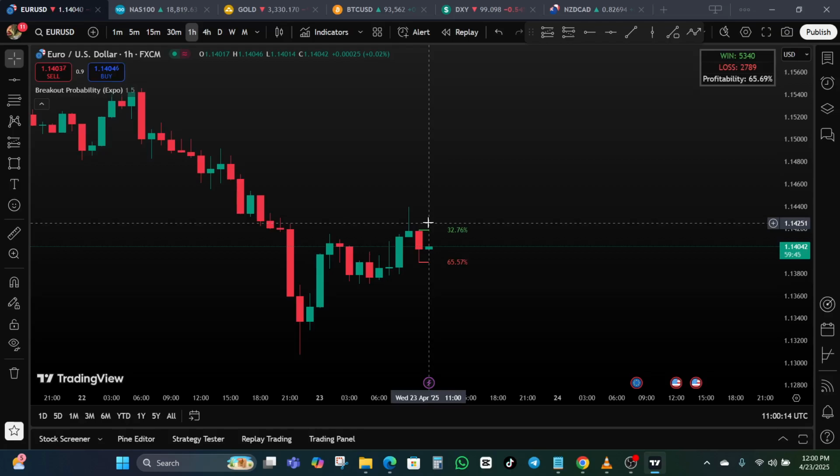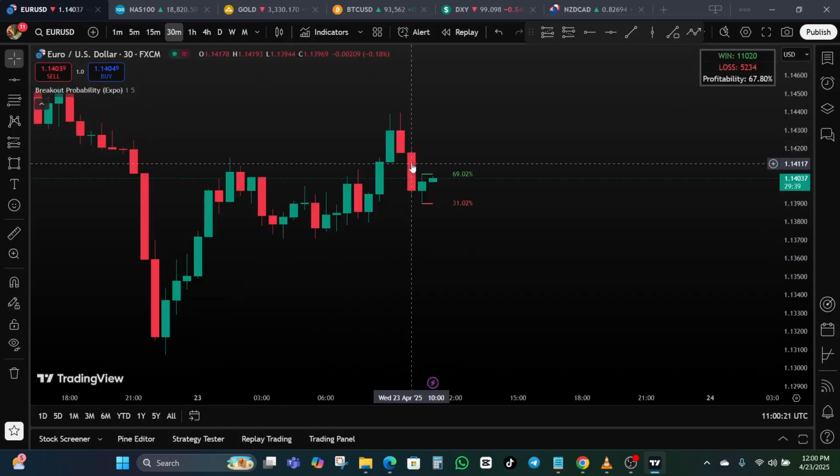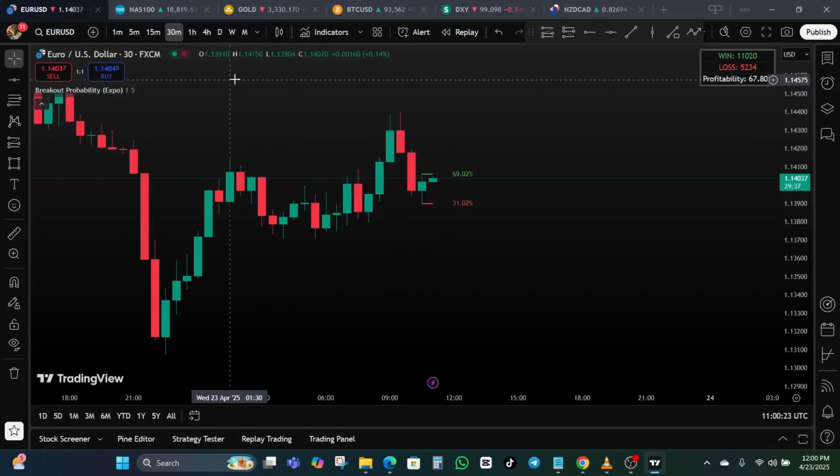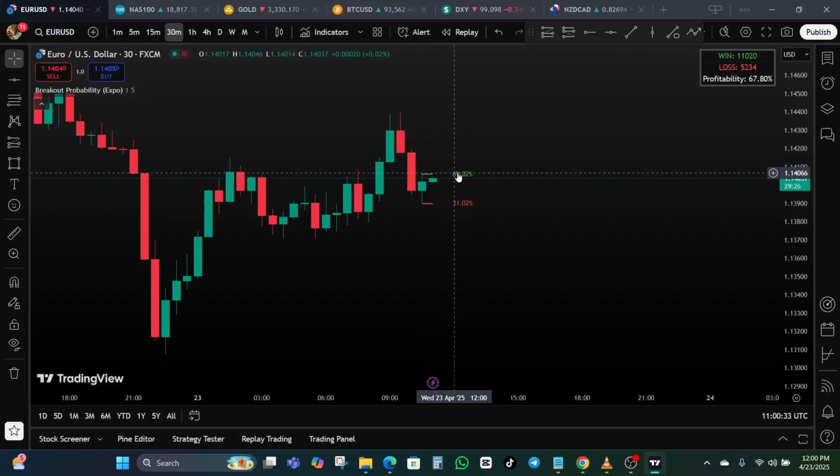Now, let's go to another time frame. Let's say a breakout prevailed from this point, because we can see that price is already heading towards the breakout points predicted by the indicator.